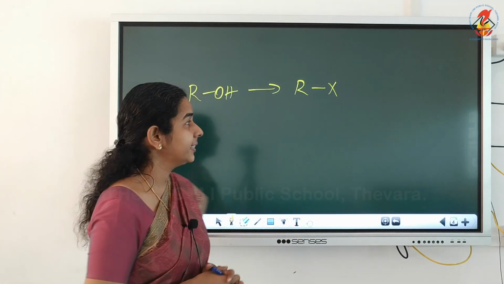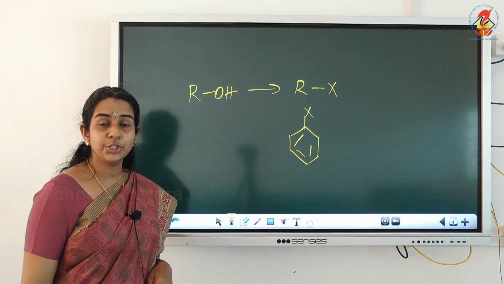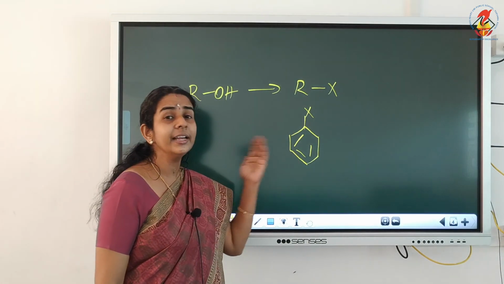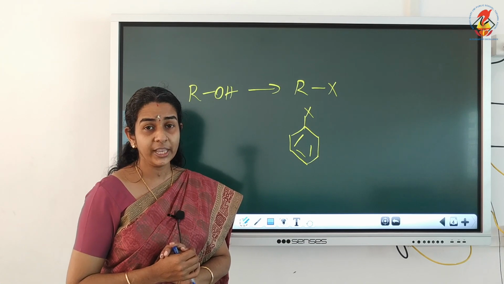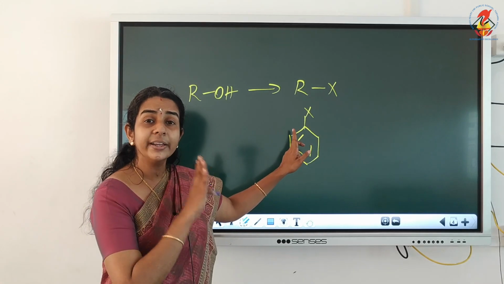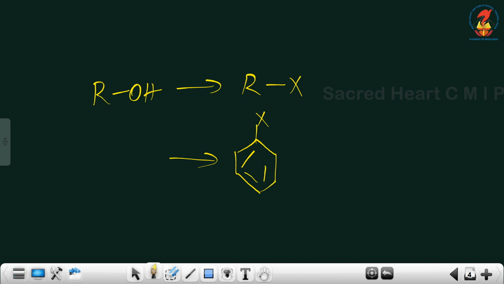The reason is, if we want to prepare an aryl halide, what is the formula of an aryl halide? X directly attached to the benzene ring, isn't it? So if we want to prepare an aryl halide by replacing OH by X, which alcohol should we take? We are preparing this by replacing OH, isn't it? So which corresponding alcohol should we take?